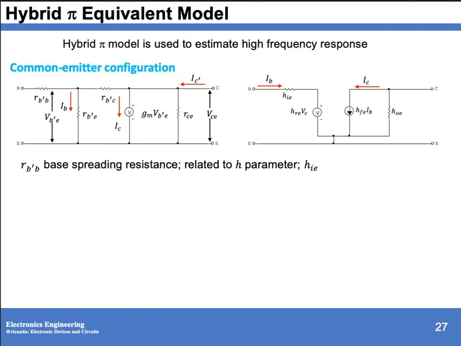If HIE is your input resistance, that is equivalent to the input resistance of your hybrid pi model. So the input resistance of your hybrid pi model, which is equivalent to your HIE, is equal to RB'B plus RB'C in parallel with RB'E, RCE.